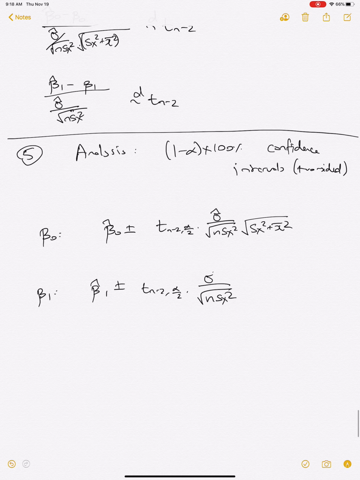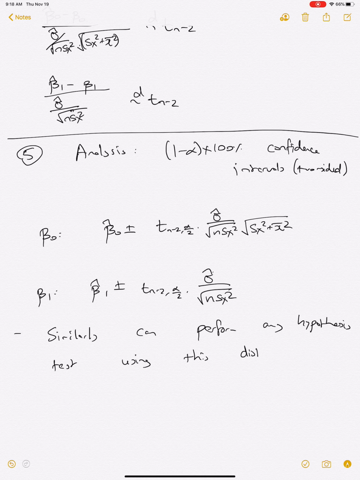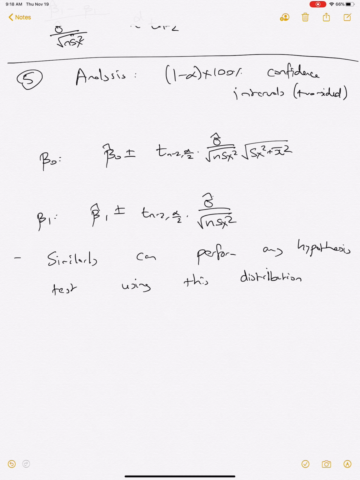Okay, so this is what we have for the confidence intervals for beta hat 1, and similarly we can perform any hypothesis test using this distribution. Okay, so that covers everything from chapter 14 that you'll need, and essentially that's everything for the course.